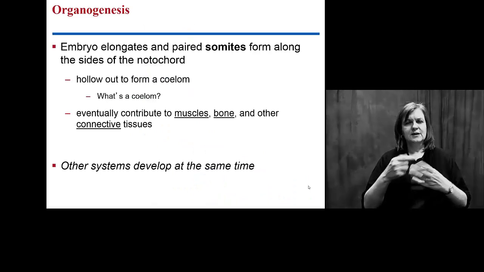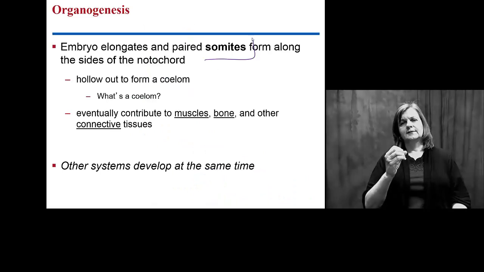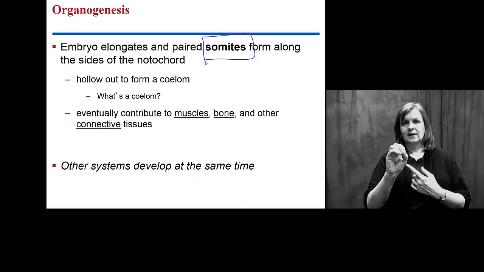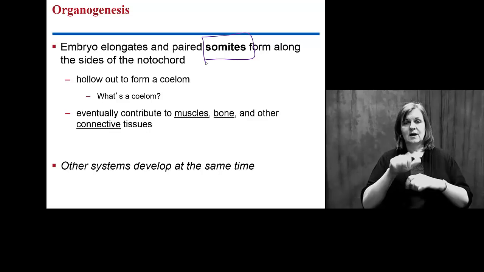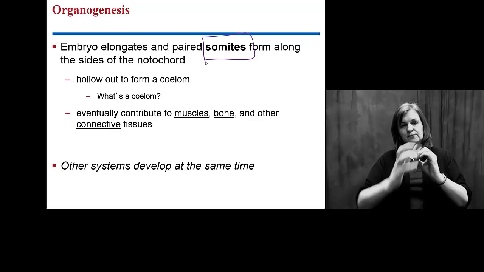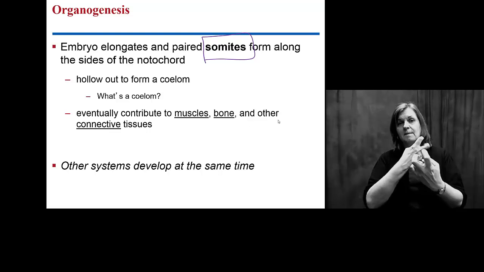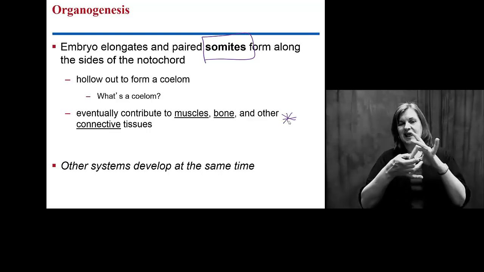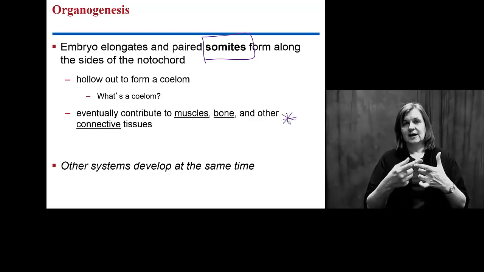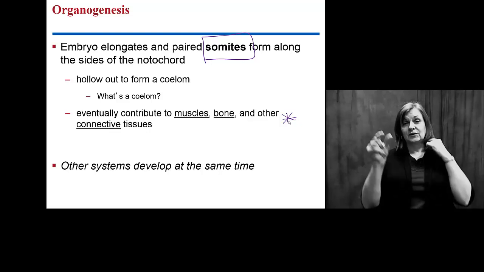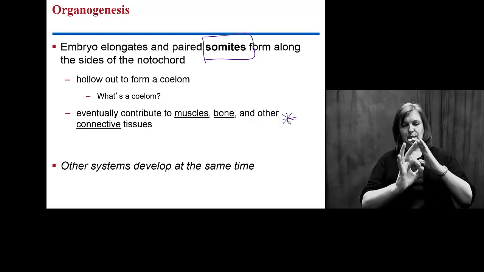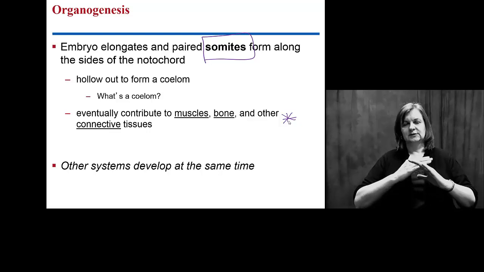How does this form? Well, this forms by something known as somites. Somites form alongside our notochord so that we can attach muscles, bone, and connective tissues in place so that the spinal cord that we have developed is protected.